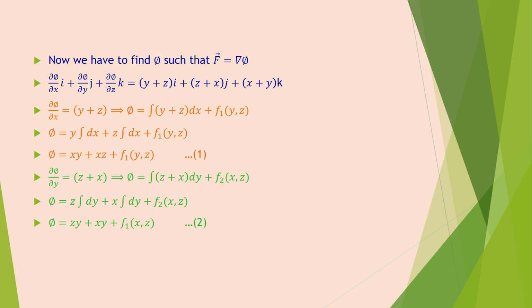Please make this note. Next, we'll consider another coefficient, of k, that is ∂φ/∂z. The coefficient of k on the right side is x plus y. So ∂φ/∂z equals x plus y.